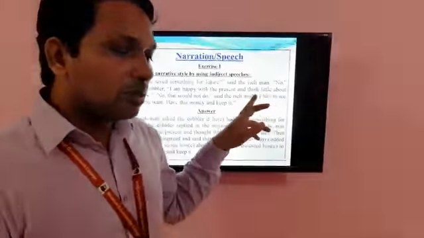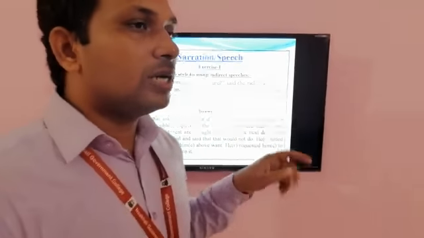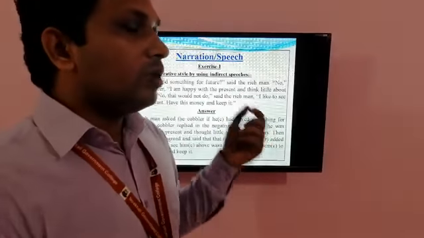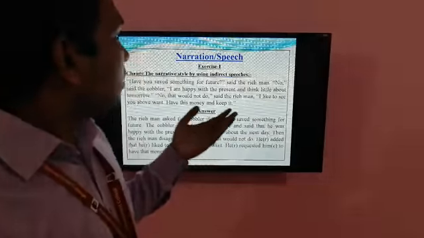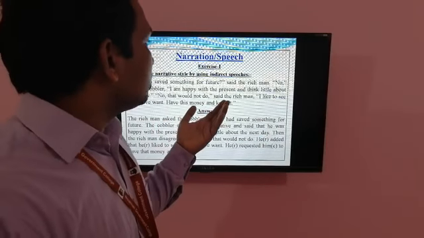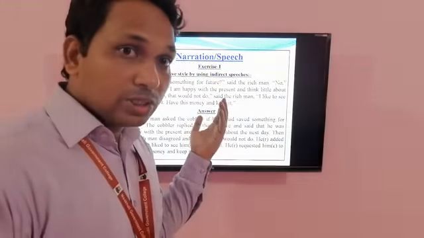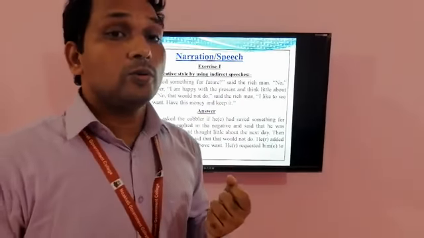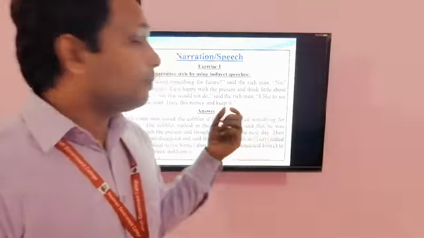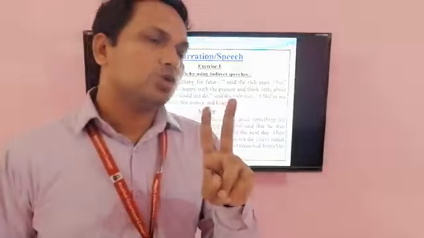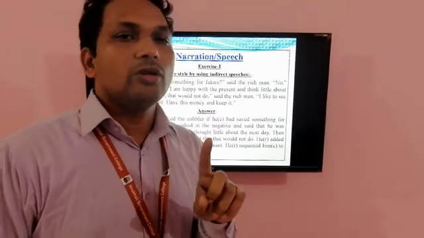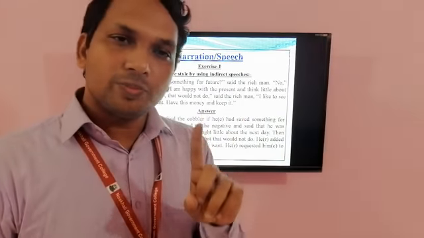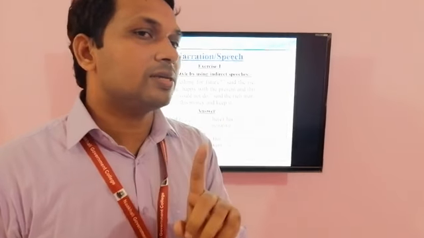Dear student, let me remind you, I told you that when you come across this question, you have to read out the passage at least twice, and then you have to find out the speaker and the listener.